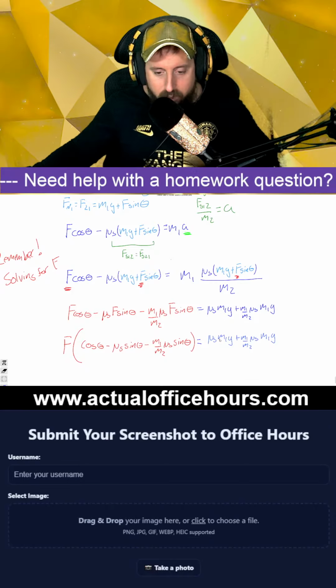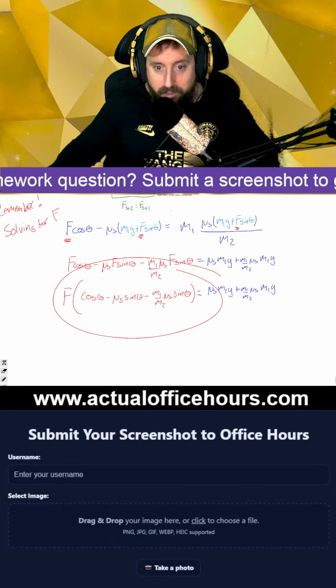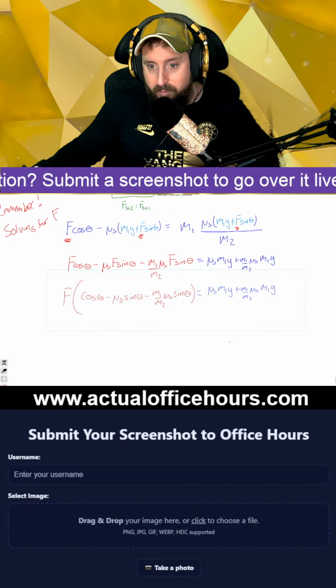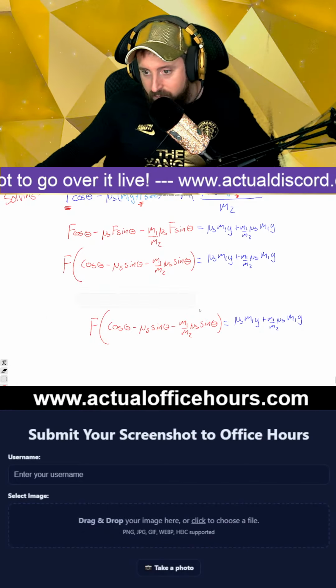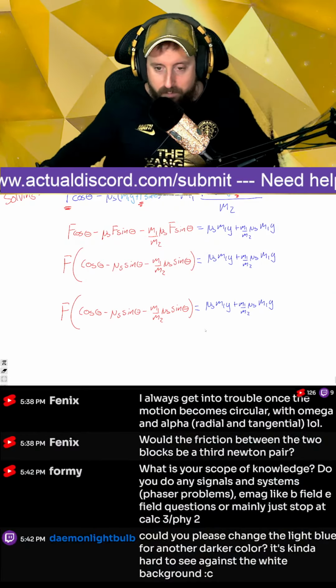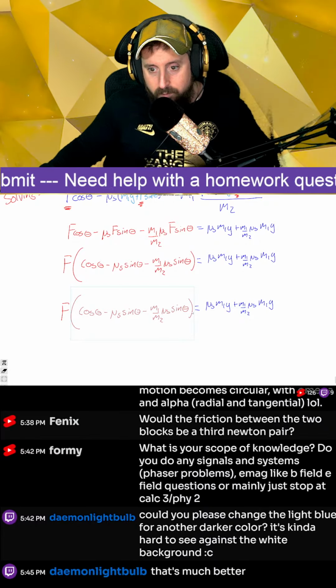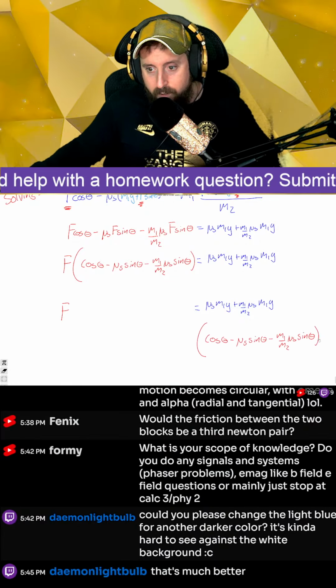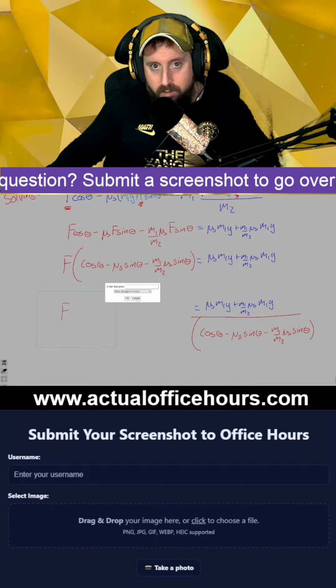So then the last step to solve for F is I'm going to take this whole thing here. Let's copy paste this down just so we can show the animation of what's going to happen. This is a common trick in algebra: get everything with your desired variable on one side, factor it all out, and then move it over. So then this is going to come all the way over here. And there you go. That should be the answer.